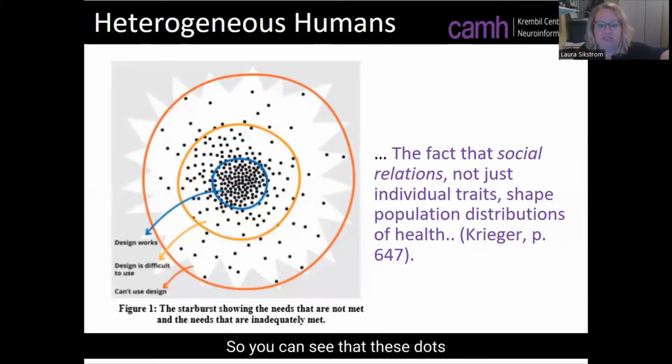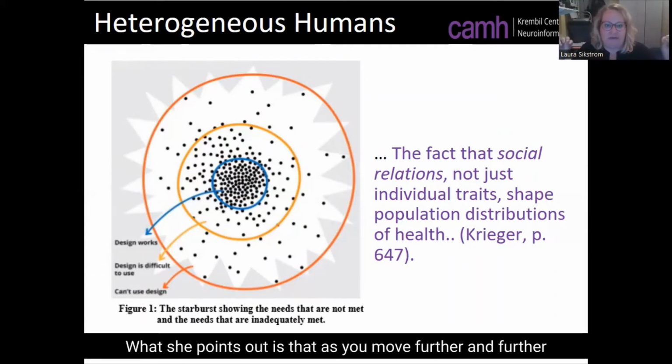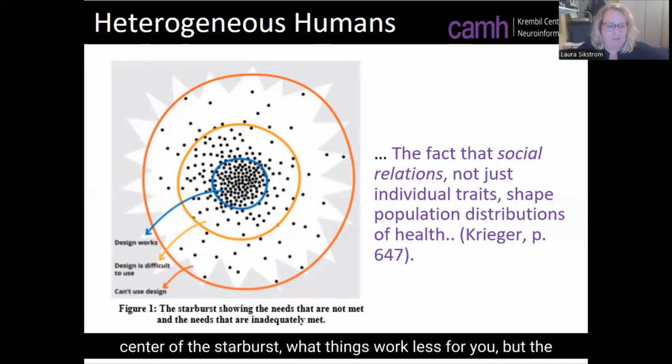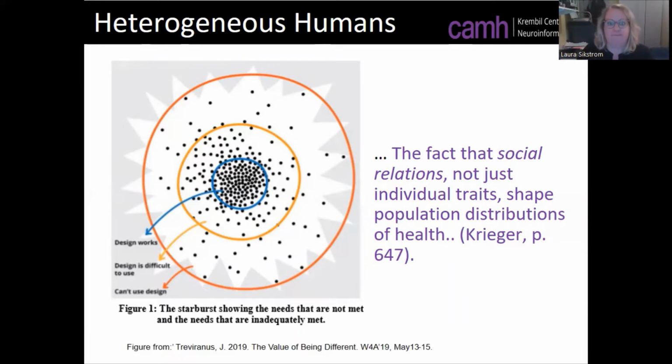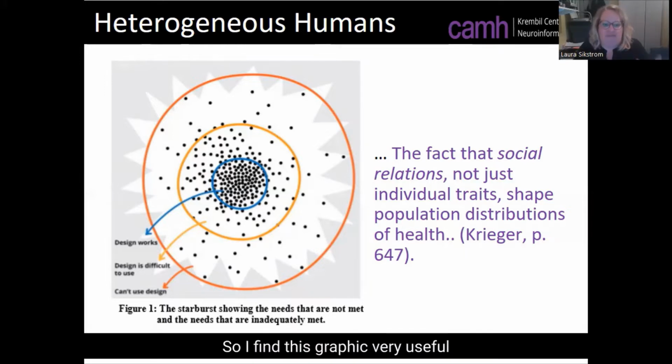So you can see that these dots are spaced further and further apart. And what she points out is that as you move further and further out of this average, away from this average man, away from the center of this starburst, things work less for you, but also more diverse people get from one another. So I find this graphic very useful for thinking about difference and heterogeneity in humans and thinking about how we compare people and what makes those comparisons meaningful.